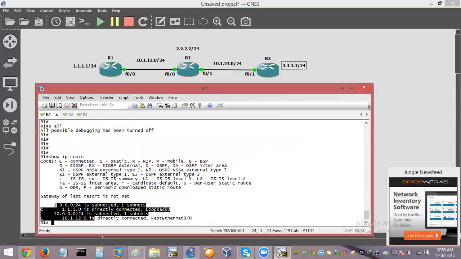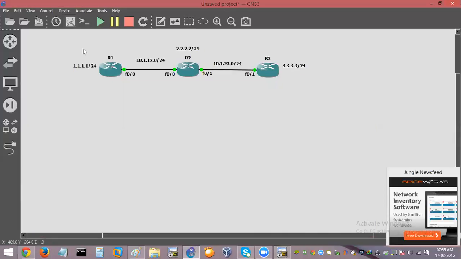If you want to provide complete reachability between R1, R2, and R3, how many subnets are connected in this topology right now? It is 1, 2, 3, 4, 5, right? R1 already knows about two of them. One is the loopback, and one is the FastEthernet 0/0 interface, which is connected to the 10.1.12.0 subnet.